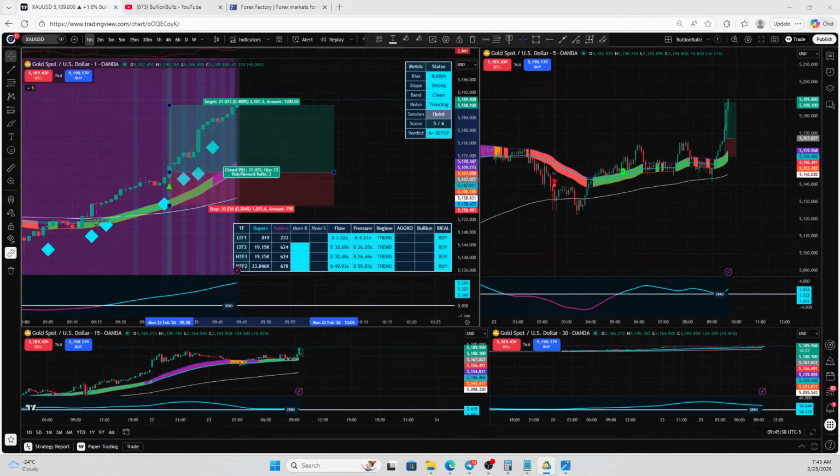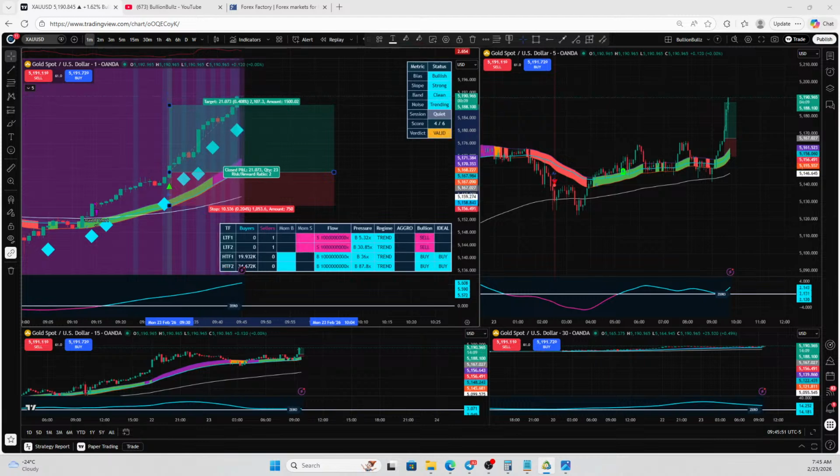So you have buyers in the market. There are 33,000 buyers and only 594 sellers in the market. And you can see how the price is moving in our direction. We were able to hit our TP. So we took one trade for the day so far. We'll wait for a pullback in the market and try to take another trade in our direction.